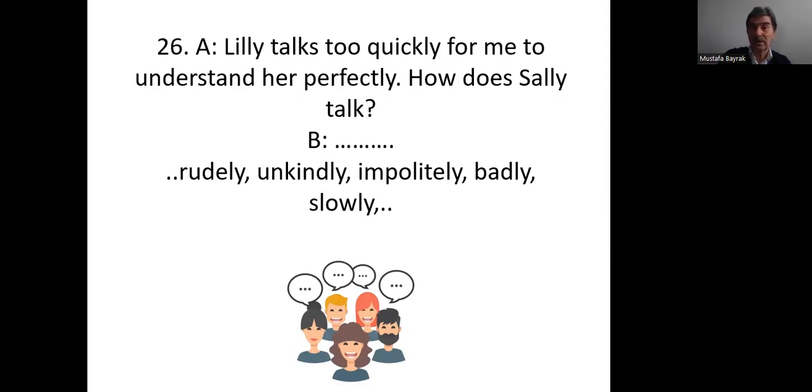Very, very impolite. To persuade them, for example. So she can't persuade them. Why? Because she talks too unkindly, too rudely, too badly, too impolitely to persuade them. This sentence has the message that she cannot persuade them.